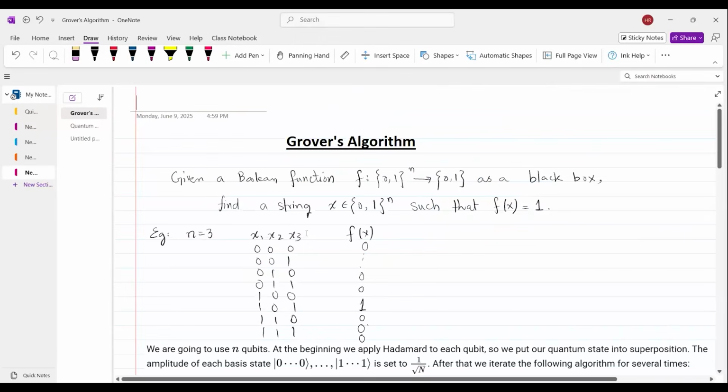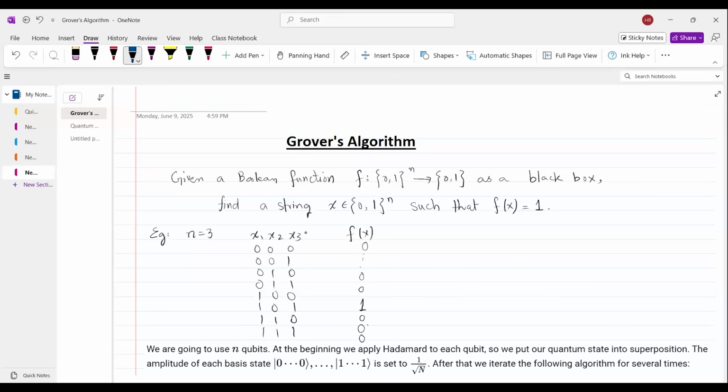We will also be talking about Grover's algorithm. Let us start talking about Grover's algorithm. The problem statement is that, given a Boolean function f which maps n-bit strings to classical bits 0 or 1 as a black box, we need to find an n-bit string x such that f of x is exactly equal to 1.